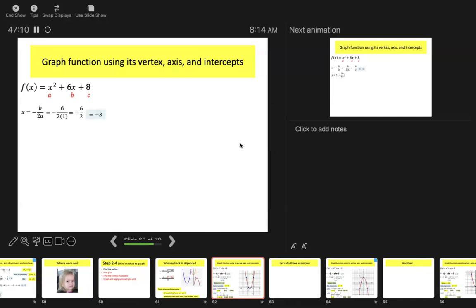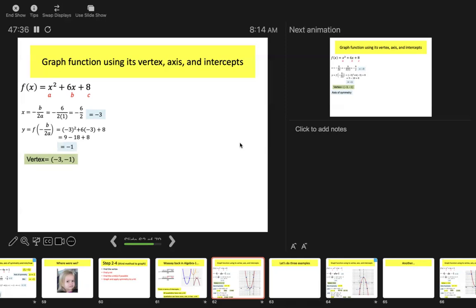Now we throw negative 3 back in: negative 3 squared, 9, minus 18, plus 8, gives negative 1. So you can find that vertex really quick. That's your first step. Therefore, we now know the axis of symmetry is at negative 3.